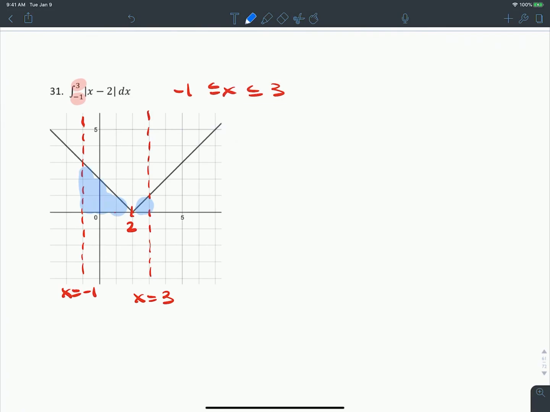Now remember, the absolute value of x minus 2, we define this piecewise as x minus 2 when x minus 2 is greater than 0, and opposite x minus 2 when x minus 2 is less than 0.